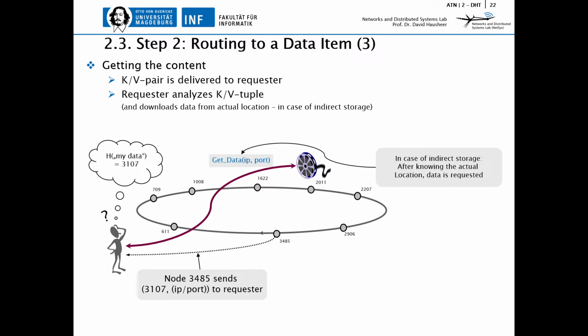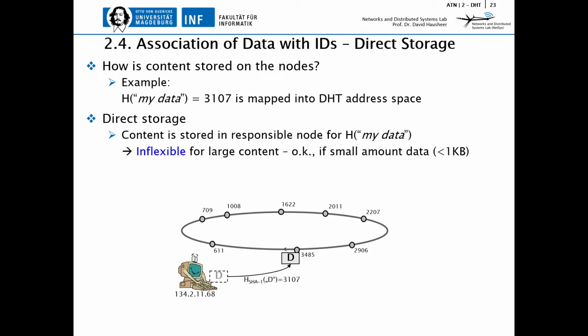Especially for large data items, it's more useful to do that indirectly, because otherwise, whenever the network changes, these large data items would essentially need to be moved among the nodes, which can be a very costly process. And that is exactly explained here.